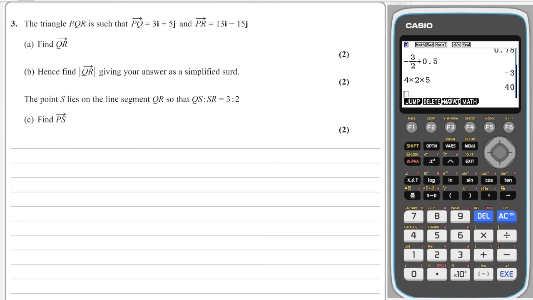Okay, next one, we're asked to work out Q to R. This looks quite tricky, so it's always a good idea to draw a picture when it's tricky. And let's just draw P here and Q there. And we've also got P to R, so I might just draw that there, just completely randomly. Doesn't really matter.